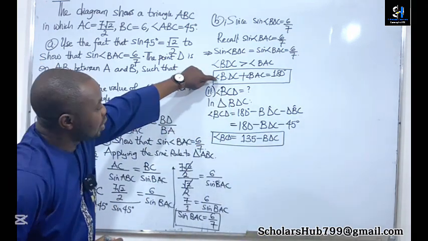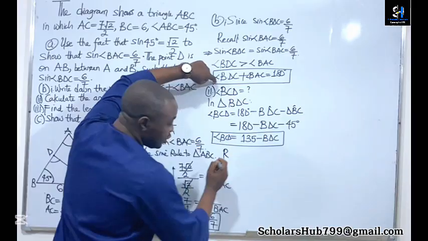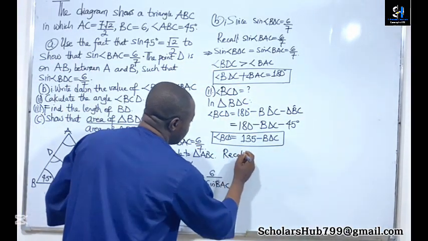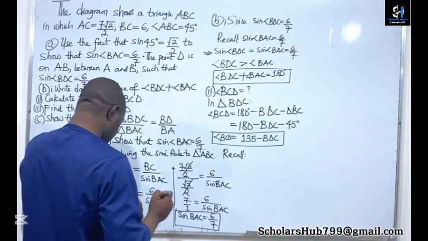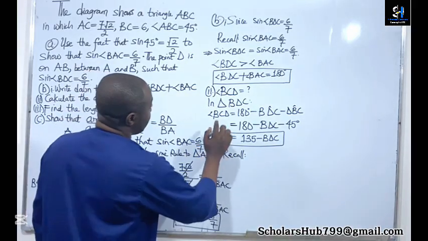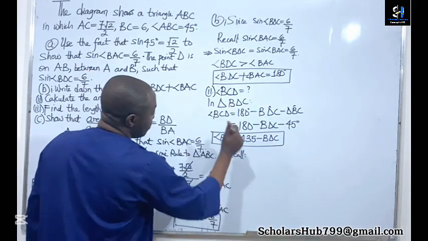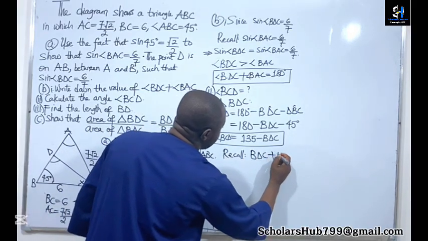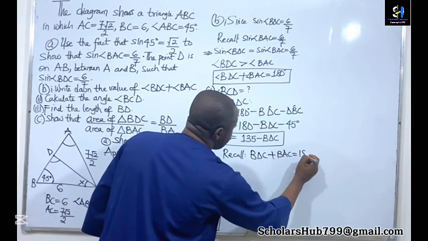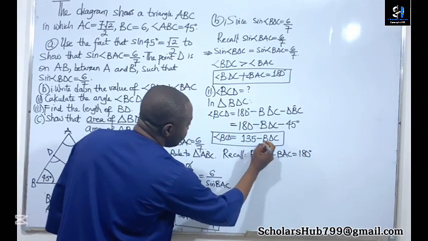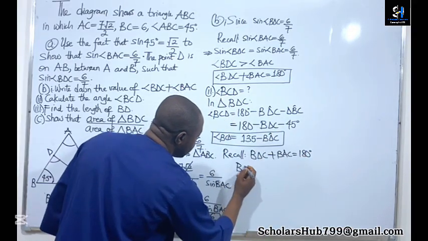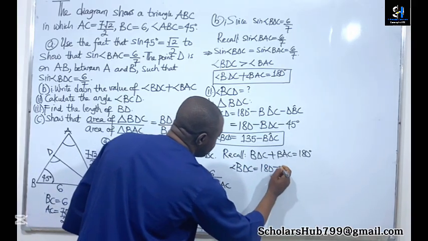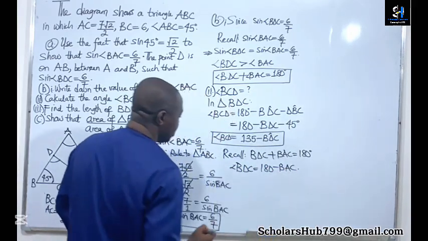Now we can recall from what we have here that BDC plus BAC is equal to 180. So we can write BDC to be equal to 180 minus BAC.